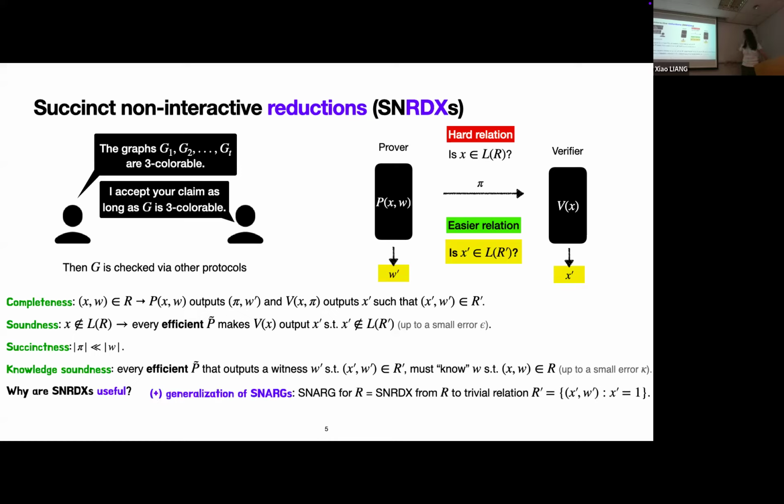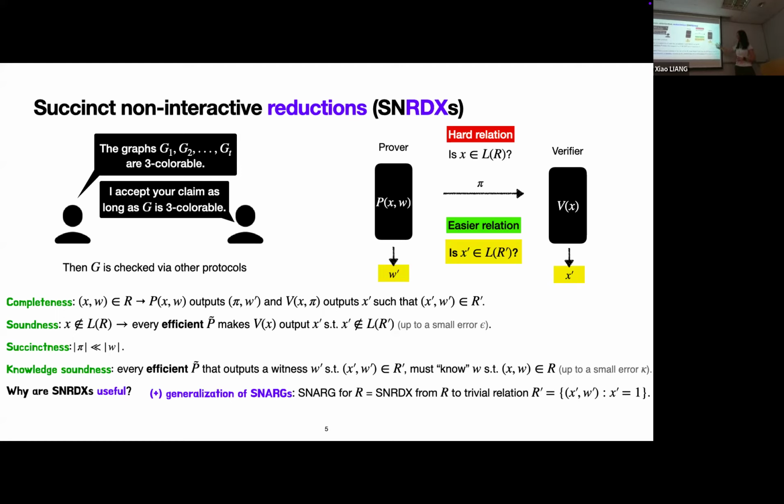Because it's actually a generalization of SNARGs. If you just take this R prime to be some trivial relation where X prime is 1, then this is essentially the same as a SNARG. If the verifier is only outputting 0 or 1, then it means that it kind of knows whether X is in the relation or not. But in the more general case, it could output any general X prime.